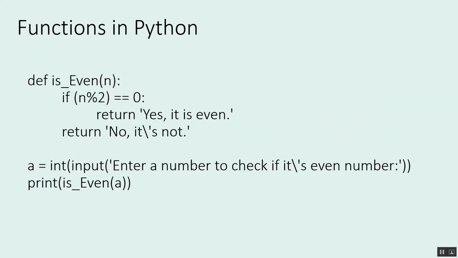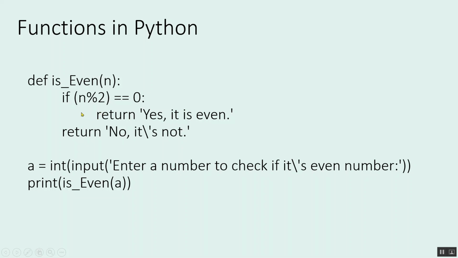So functions. I think this is also an implementation of is even. The reason why I showed it to you is that using the if statement, return yes it is even, and then return no it's not. So we don't have to actually include the else statement here.